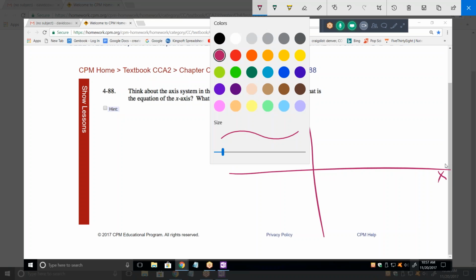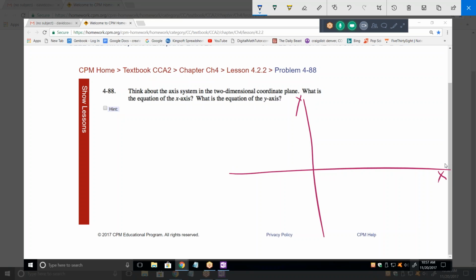So what they're saying, what's the equation of the x-axis? In other words, if I had a line like that, and they're not talking inequalities, so I really should make that a solid line. What's the equation of that line?